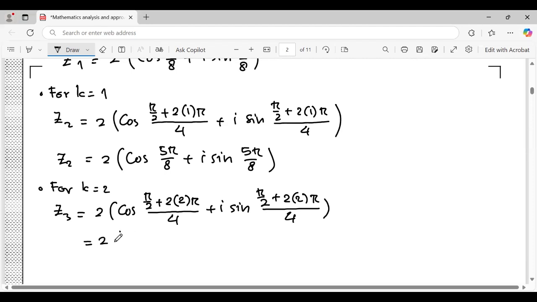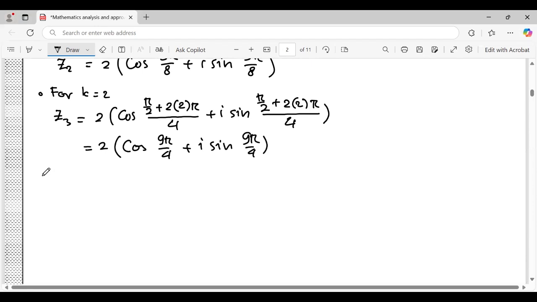It is 2 times cosine 9 pi over 4 plus i sine 9 pi over 4. That is z3.